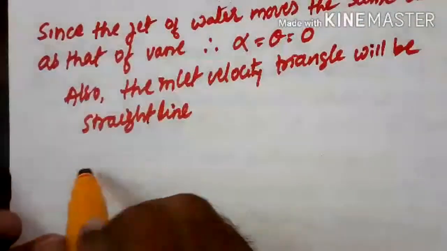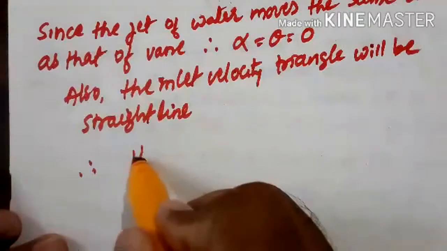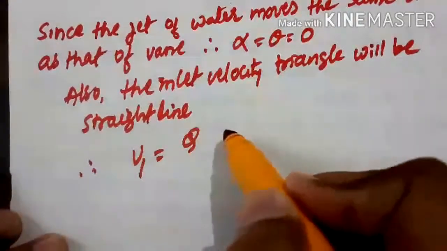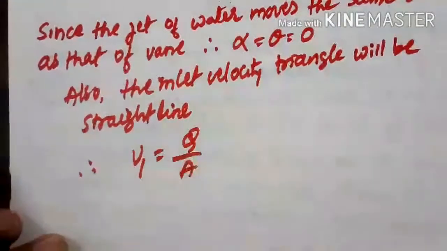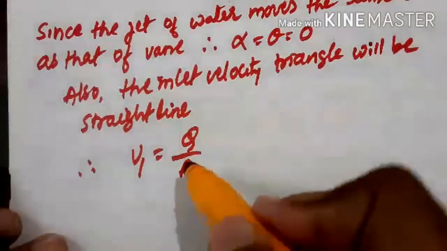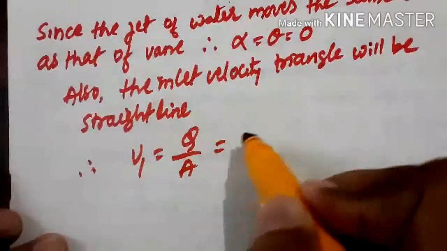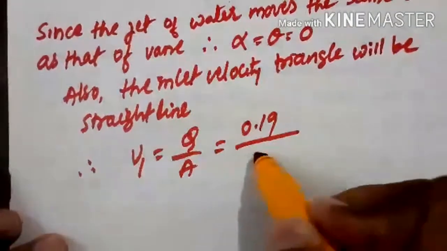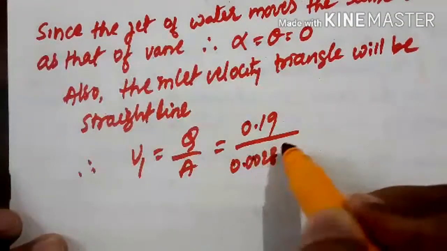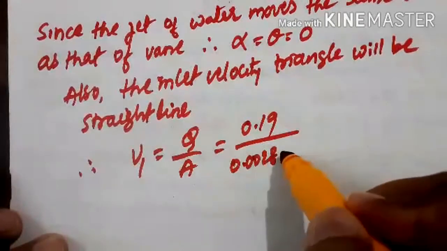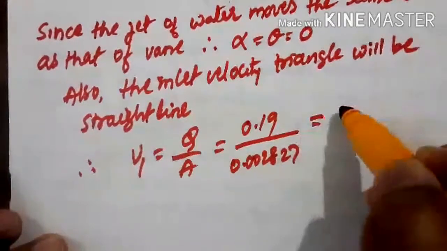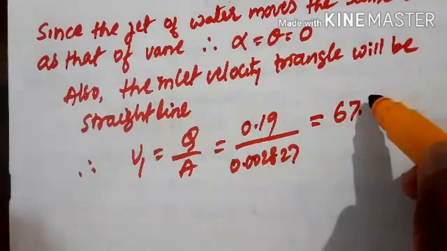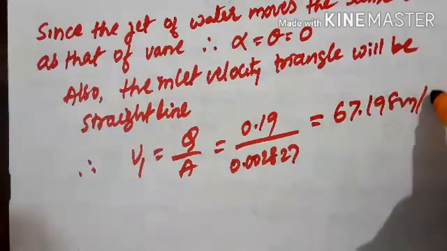Therefore V1 equal to Q by A, because we know Q equal to A into V. So V1 equal to Q by A, that is 0.19 divided by 0.002827, we get 67.198 meter per second.